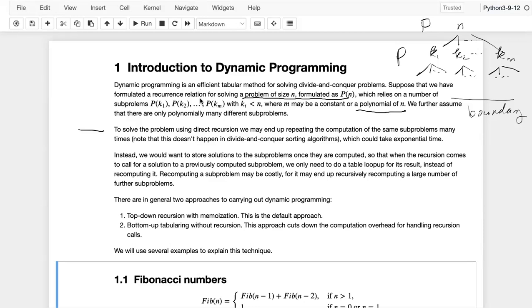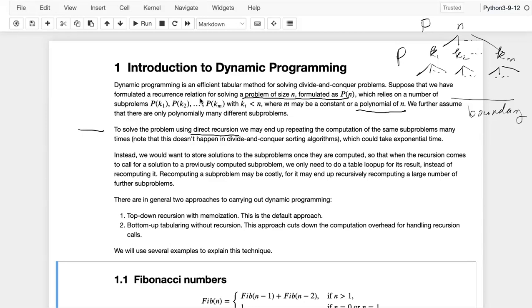Okay, so this is not that hard if you are allowed to use direct recursion, because we already figured out this recurrence relation. But the problem here is that we may end up repeating the computation of the same problems many, many times.